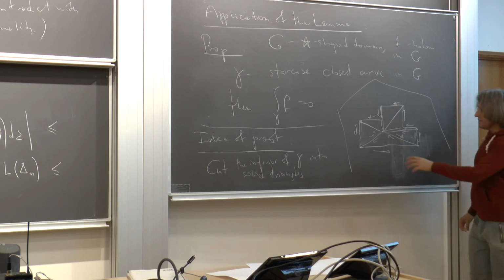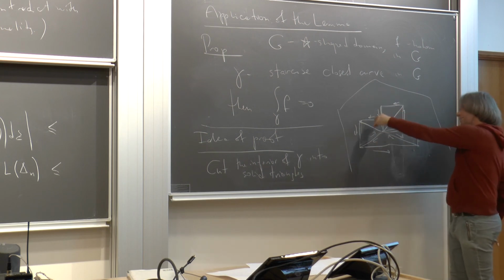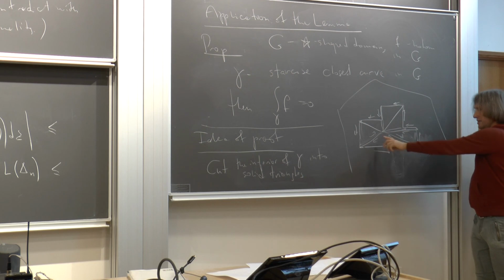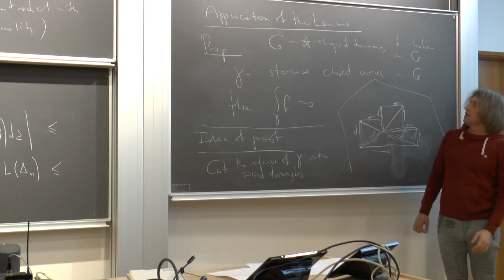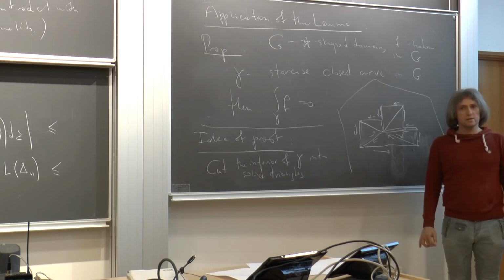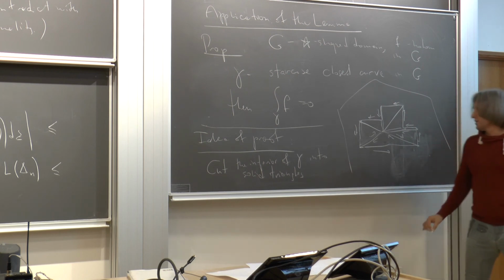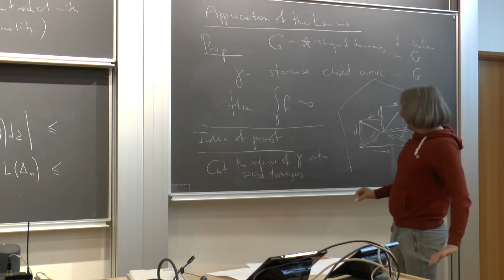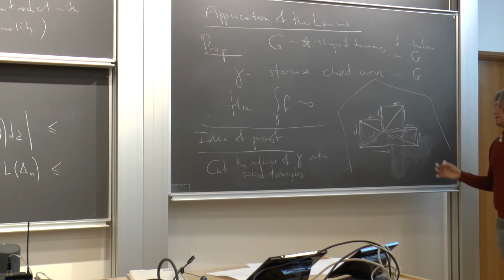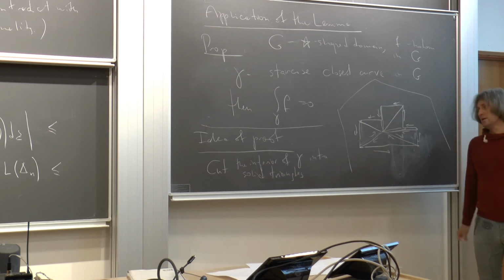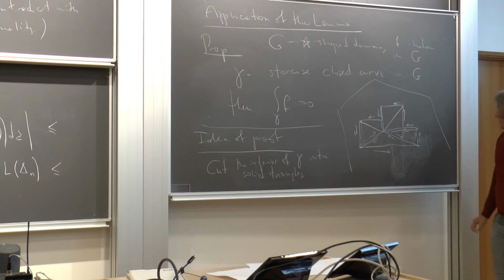So we'll get that the integral over the whole curve is the sum of integrals over these triangles, and for triangles we have the previous lemma, which tells us that the integral is 0. Okay? So it's the idea of the proof, not the proof. We integrate over triangles instead of integrating over the staircase curve, and every summand gives us 0, so the sum is also 0.